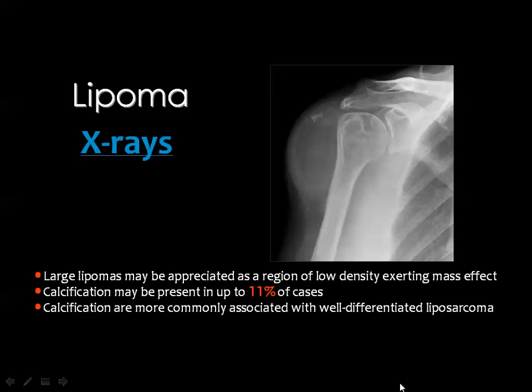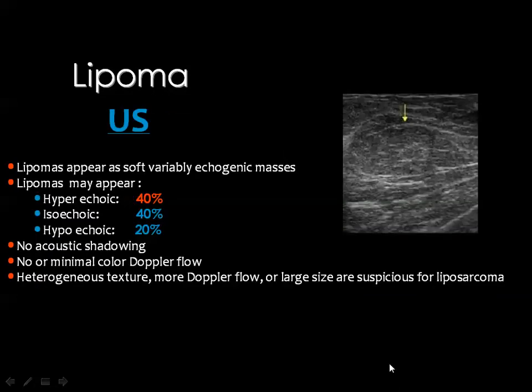Then we all know that lipomas should be echogenic on ultrasound, but according to the literature, lipomas may be hyperechoic in about 40% of the cases, isoechoic to the adjacent tissues in another 40% of the cases, and maybe hypoechoic in 20% of the cases.